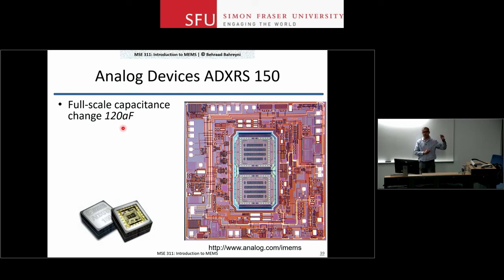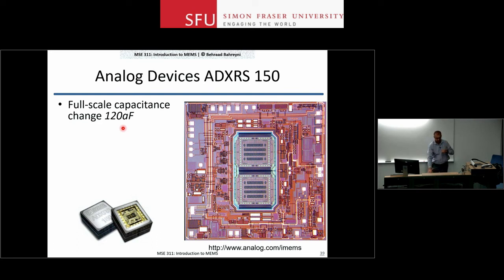That's 10 to the minus 18 farads. How much is it? Well, if you put one electron on these capacitors, you measure almost a 0.1 millivolt change. That's significant, just one electron.